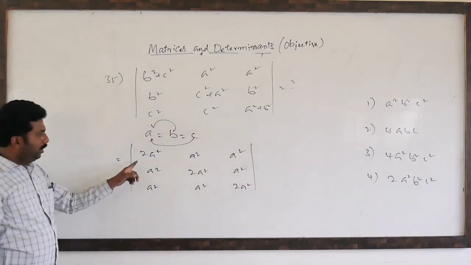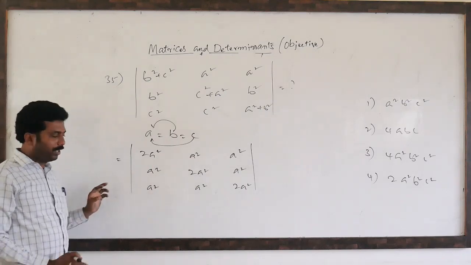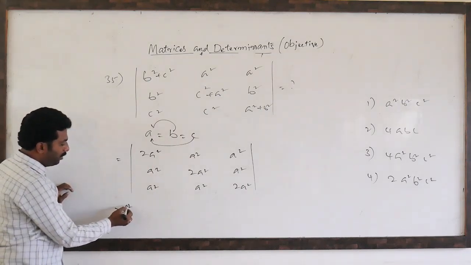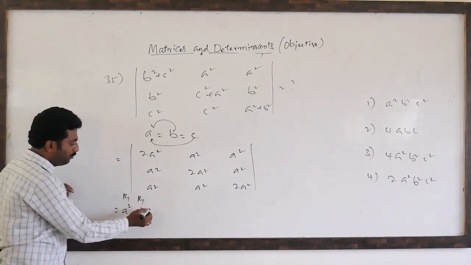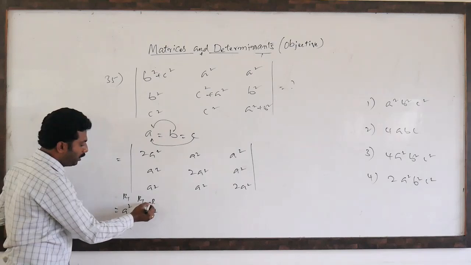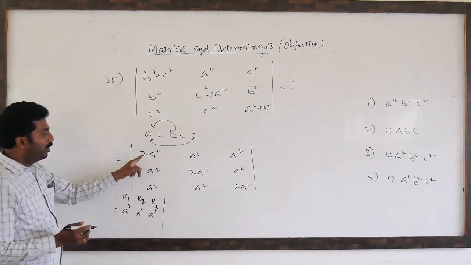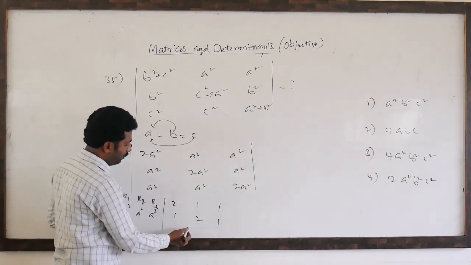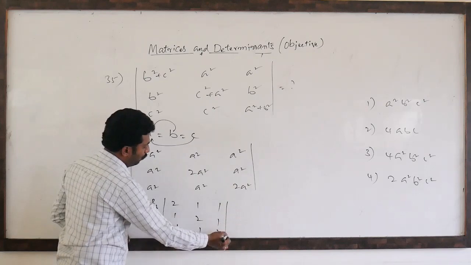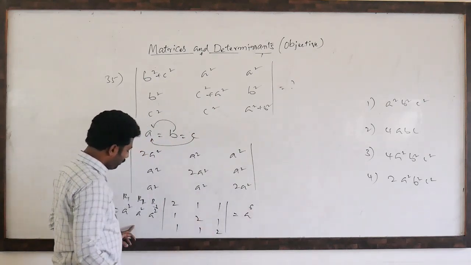From the first row a square common, second row a square common, third row a square common. What is left is 2, 1, 1, 1, 2, 1, 1, 1, 2. So clearly this is a to the power 6.